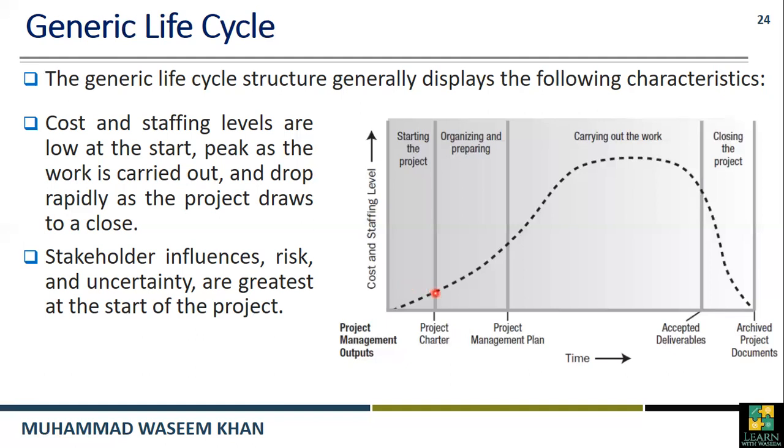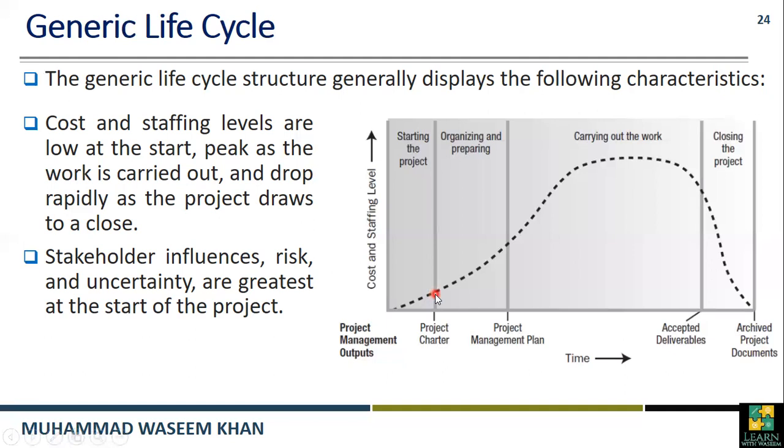Now, at the end of starting the project, we will have the next phase, and that phase is called organizing and preparing. So the output for the first phase was the project charter, but now this project charter is an input for the second phase, organizing and preparing.